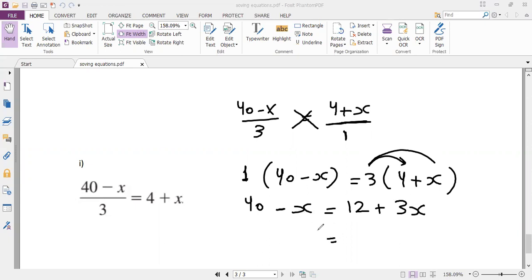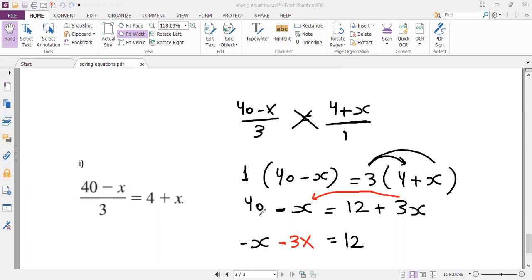Then collect all terms of x on one side. We can move 40 from the left side to the right side and leave negative x as it is on this side. And move 3x from the right to the left. It will be minus 3x. And 12 as it is.